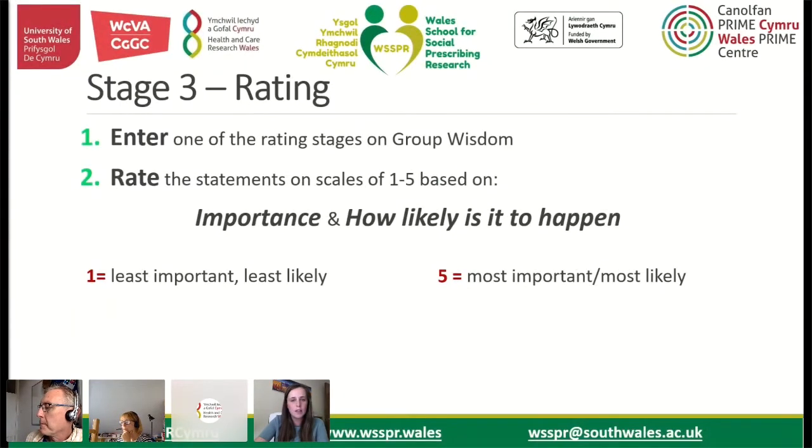I've just seen there was a question on the Q&A from Una saying, is there a limit to the number of statements that participants in research studies can add? So there isn't a limit. I recently completed a group concept mapping study where I had 363 statements generated from the brainstorming stage. However, as you'll see when you get onto stages 2 and 3, that's an awful lot for participants to do the sorting and the rating.